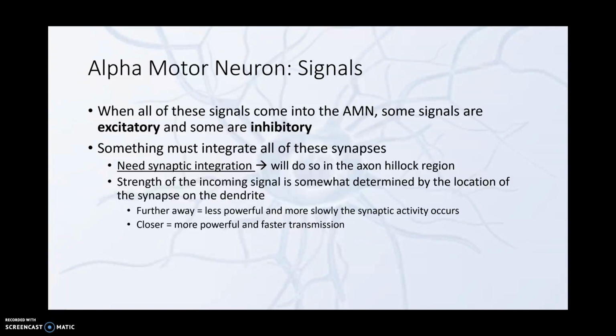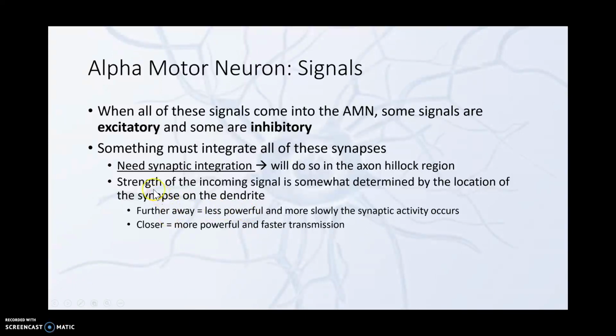So we need synaptic integration. We're going to do this in something called the axon hillock region. And the strength of the incoming signal is somewhat determined by the location of the synapse on the dendrite. So further away is less powerful and the synaptic activity occurs more slowly. And the closer it is, the more powerful and faster the transmission.